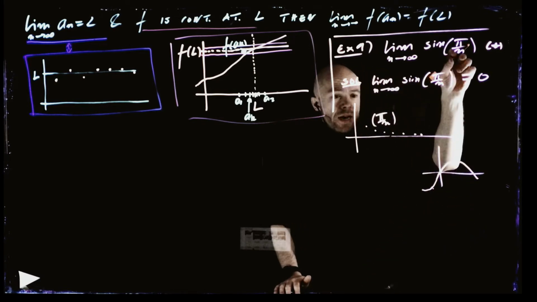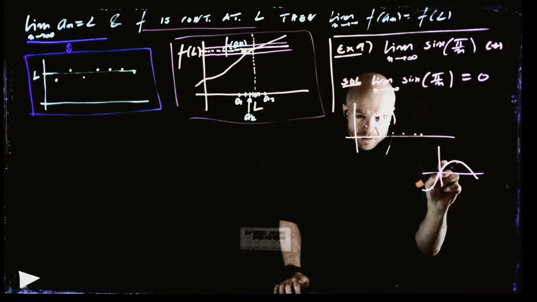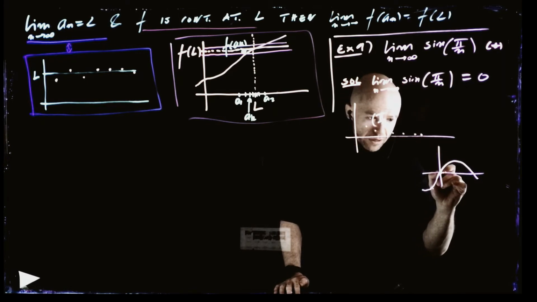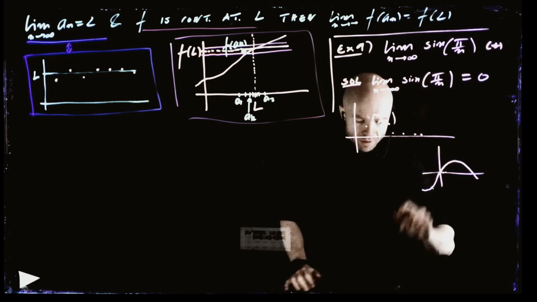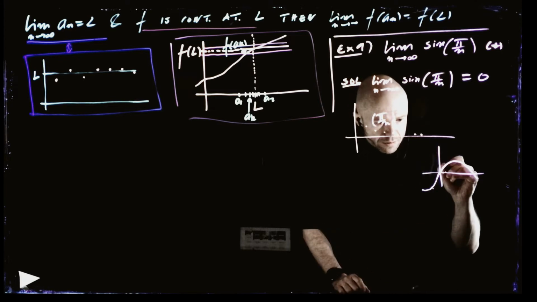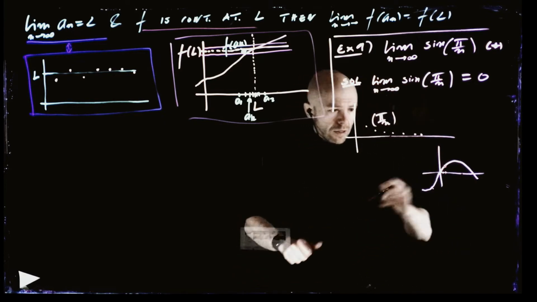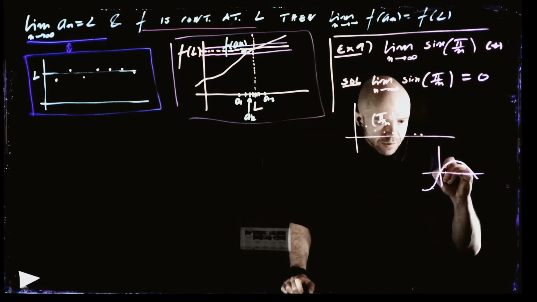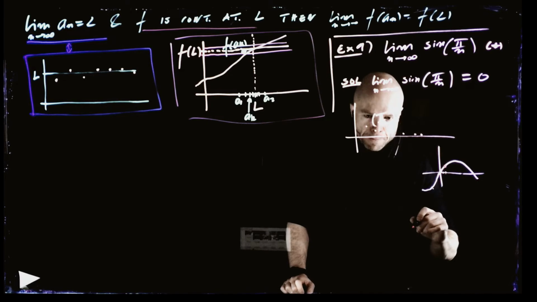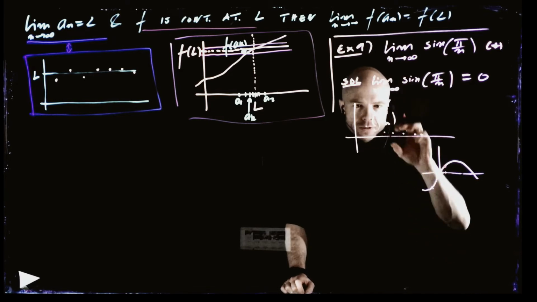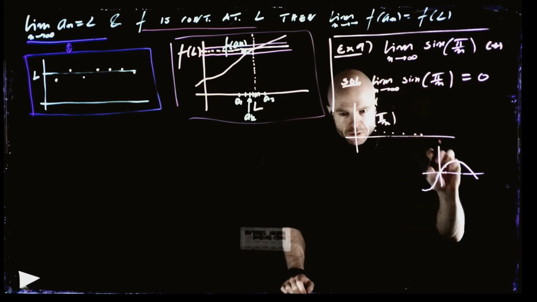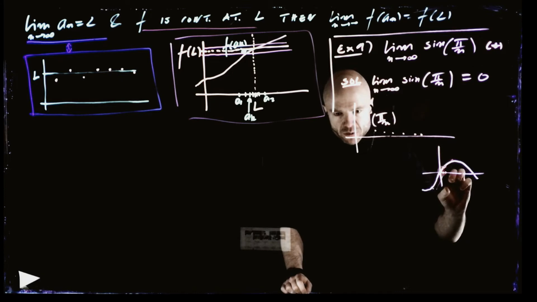You're taking these guys which are tending towards 0 and you're applying sine to them. They live here, closer and closer to 0, and you're being sent to this part of the graph like this. And you see as you get closer to 0, you're being sent closer and closer down to 0 itself. That's how I want you to think about it. I want you to think of these pictures. And then you will not get this wrong.